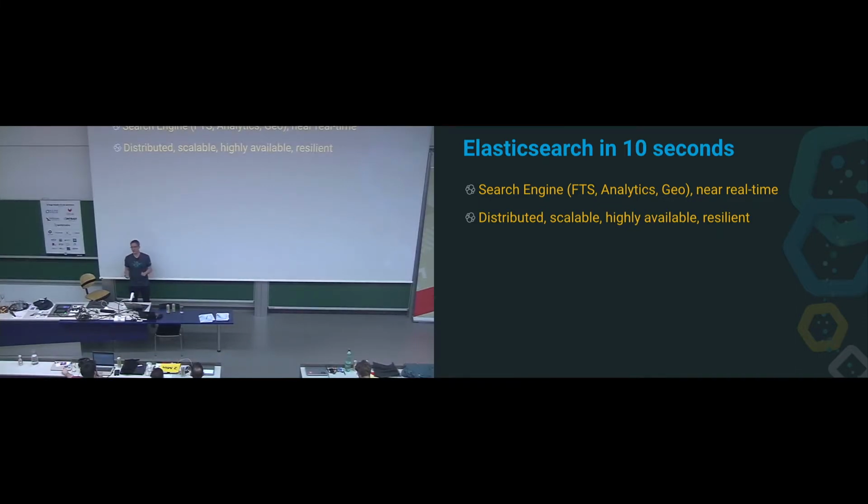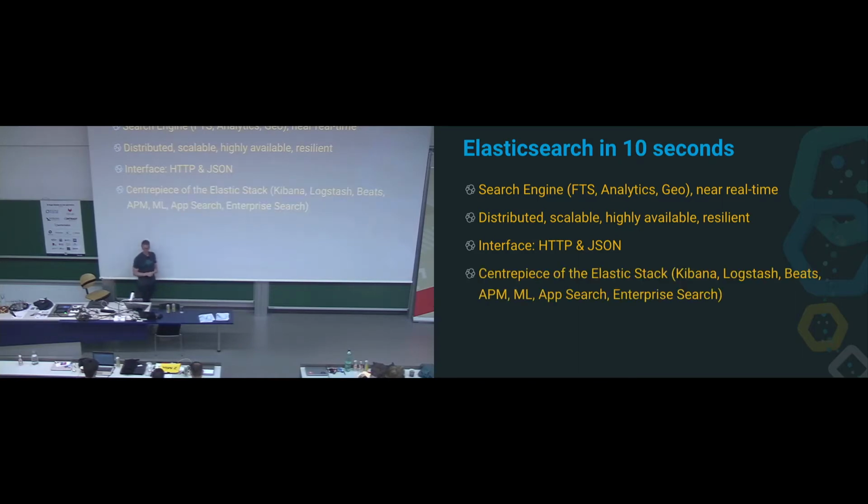Resilient in this term means that it figures out by itself if a node is not available and makes sure it takes proper countermeasures to ensure that the data is available across your cluster without you having to intervene. The interface is HTTP and JSON. The whole idea behind this is that you know HTTP as a protocol, that you know JSON as an object notation. So the technology is new, but the way you talk to the technology is not new for you. And it's kind of the center of the Elastic Stack.